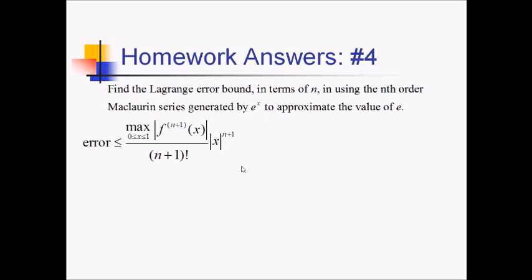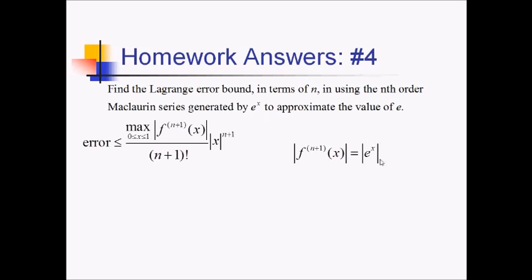All right, so we need to go ahead now and maximize the n plus 1th derivative. Now, this seems like a daunting task because we don't really even know what n is supposed to be. But the key on this one is that they're giving you e to the x. All the derivatives of e to the x are also e to the x. So the n plus 1th derivative of e to the x, then, is e to the x. So we're just trying to maximize the absolute value of this.